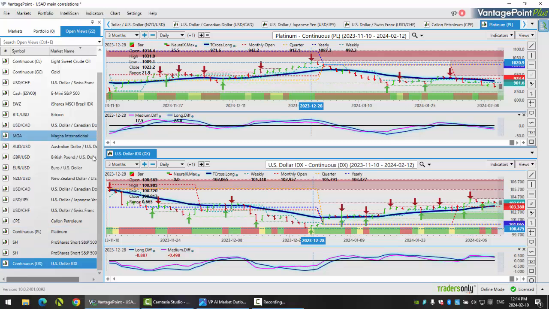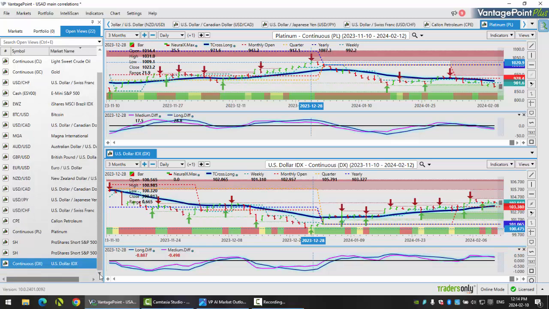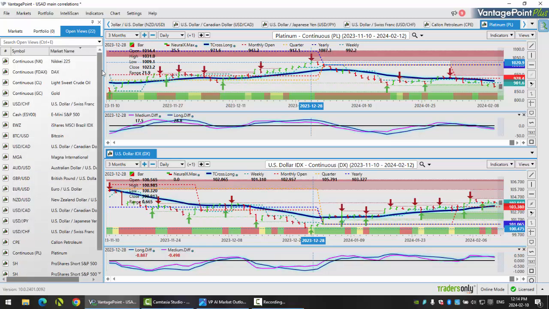And there's many different metals you can check against that. We can use platinum, palladium, all kinds of different metals. We can look at copper. Copper also having a very, very strong direct inverse correlation. But we don't need to go through them.